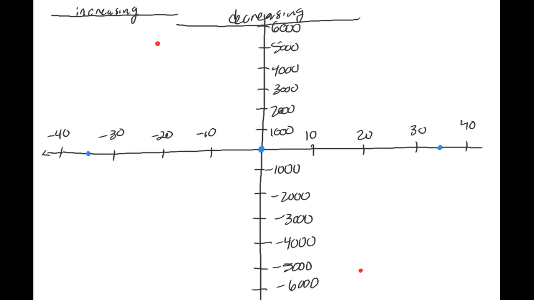And I know from 20 all the way to infinity, the graph is increasing, from what we said before. I know from 0 to infinity, the graph is concave up. I know from negative infinity to 0, the graph is concave down in that entire interval.